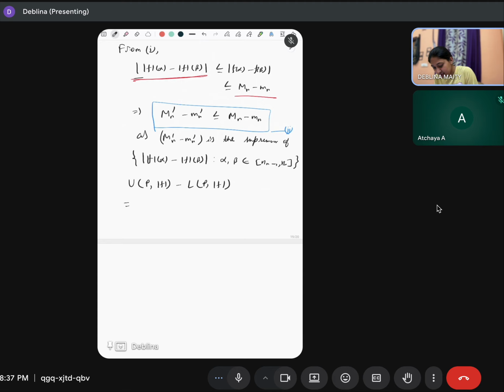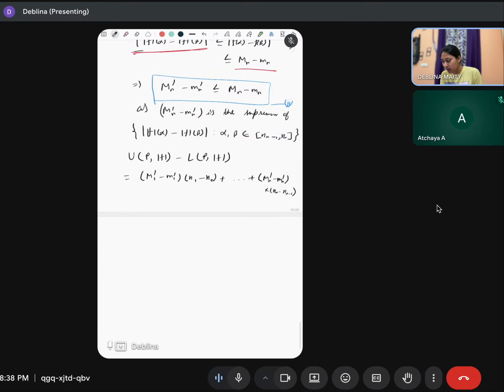This is the sum of M_i dash minus small m_i dash, because M_i dash are the supremums and small m_i dash is the infimum.